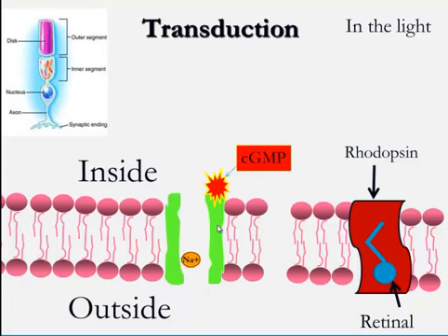But if we're in the light, if this rod is hit by light, a chain reaction happens. So let's see if we can follow what happens. Keep an eye on this rhodopsin molecule and this retinol in here with a certain shape. Here comes a photon of light, and it strikes that retinol and changes its shape.